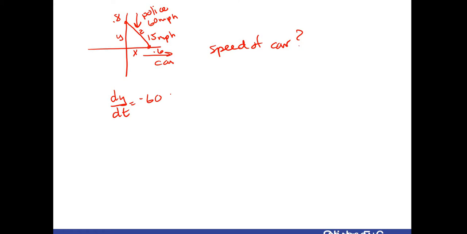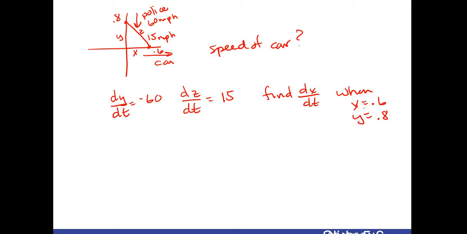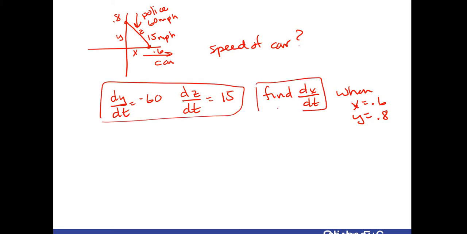There's the first rate that I know. dz/dt, the distance between the two, is 15, and it is positive. And then I'm looking for dx/dt, at the moment when x is 0.6 and y is 0.8. So I know these two, and I am looking for this at this instant in time.